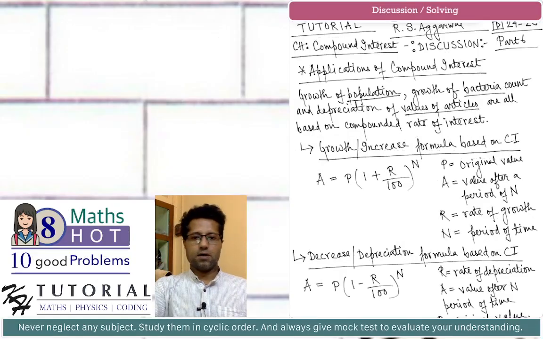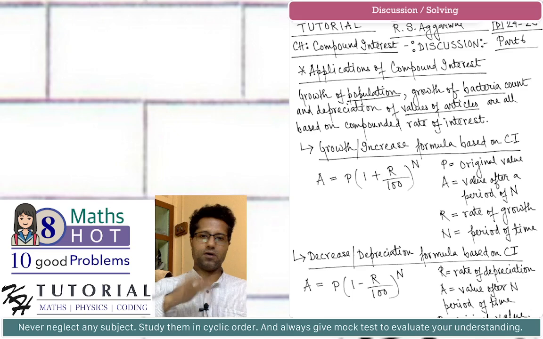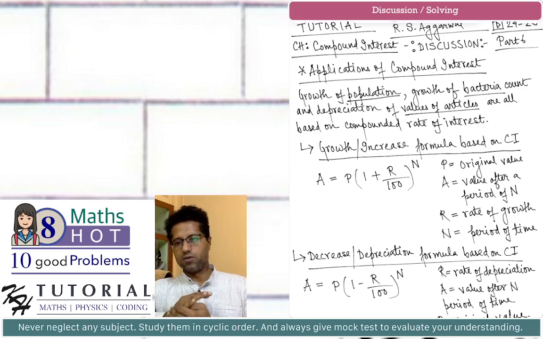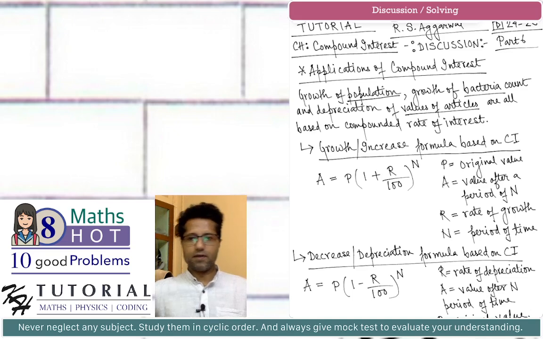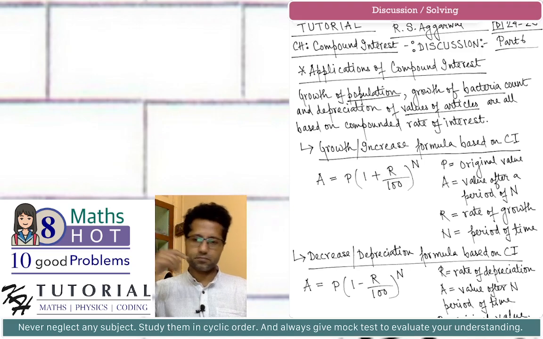Okay, so I have my rough notes prepared on the right hand side. In this video I will discuss how the idea of compound interest is used in real life scenarios. So the real life scenarios are growth of population, growth of bacteria count, and depreciation of values of articles, which are all based on compounded rate of interest.